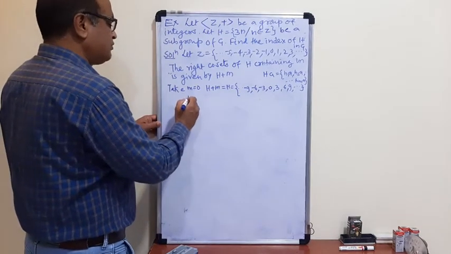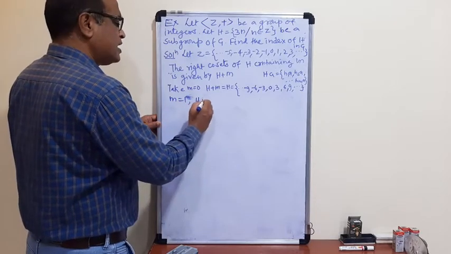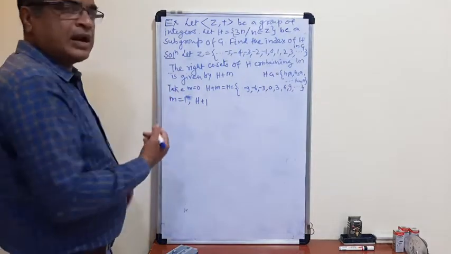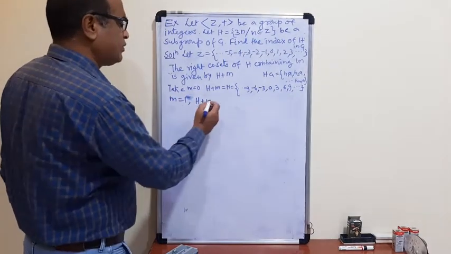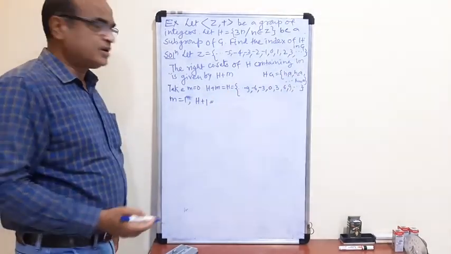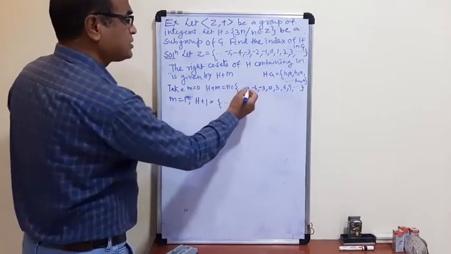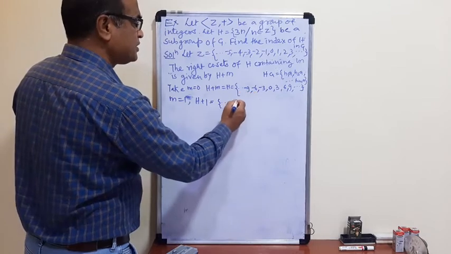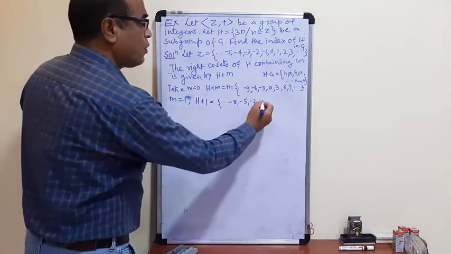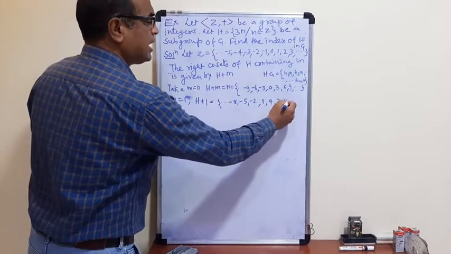We take now M equal to 1. Then what is H plus 1? This is the right coset, adding 1 on the right to H. So add 1 to each element of H: minus 9 plus 1 is minus 8, minus 5, minus 2, then 1, then add 1 gives 4, 7, 10, and so on.